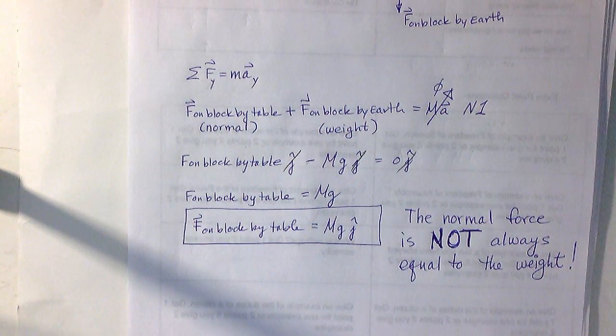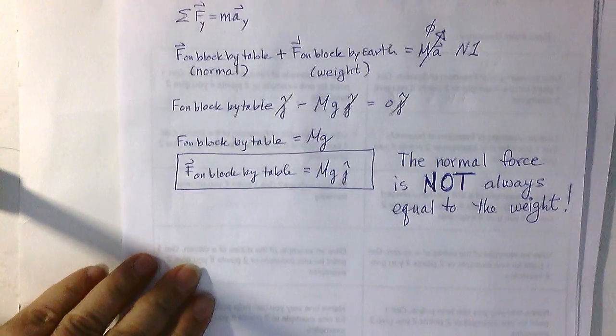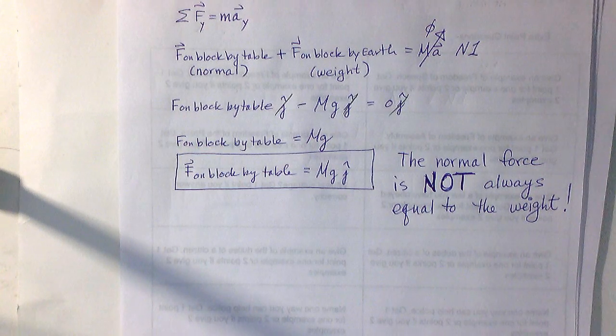A lot of times what happens is students solve this problem, they say, oh, the normal force is the weight, because there's only one force going up and there's only one force going down. But here's the problem with that. When you get into a problem where you're on an inclined plane, the normal force is not equal to the weight anymore. So you really have to be careful when solving these problems.